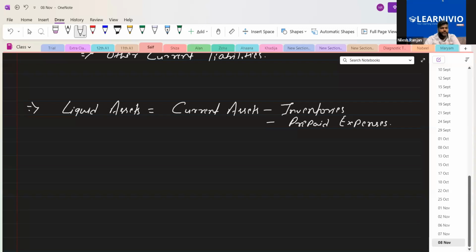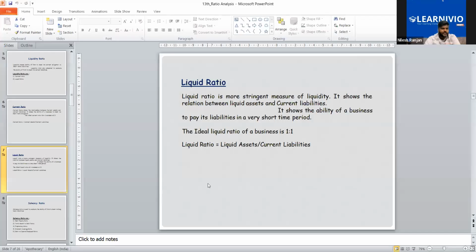Okay, any question? Sir, I'm getting confused between liquidity and the liquid ratio. Liquidity means the ability of a firm to pay. Actually, liquidity is a measurement, and liquid ratio is a method of that measurement.